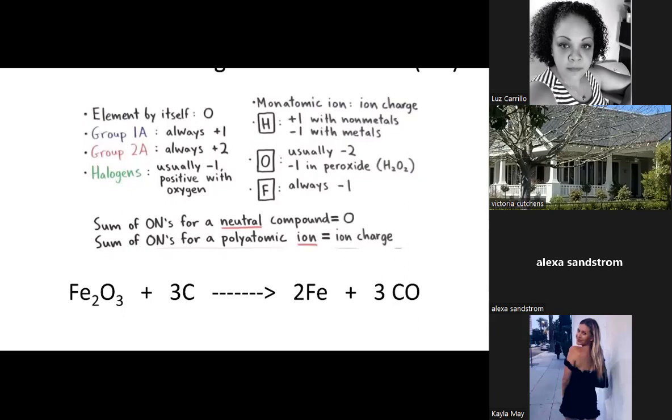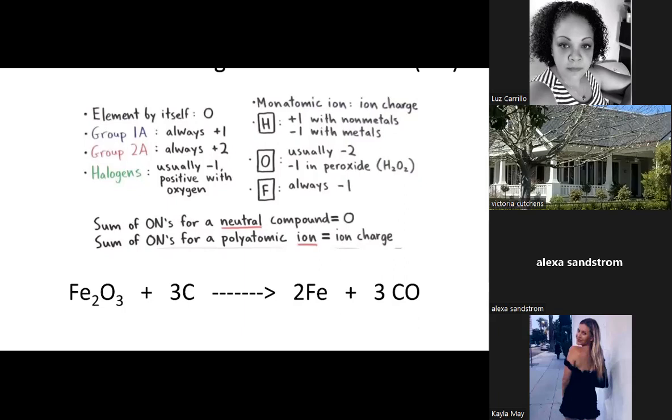Only positive if they're paired with oxygen, because oxygen is usually -2 unless we have them in peroxide, okay? Now, you can see that hydrogen is +1 when it's paired with nonmetals. Hydrogen is -1 if it's paired with metals, okay? Fluorine is always -1.